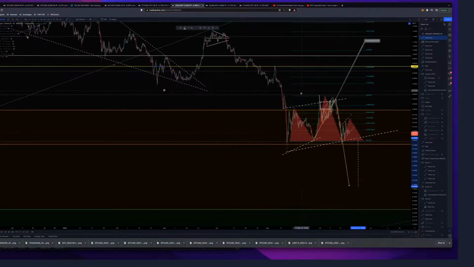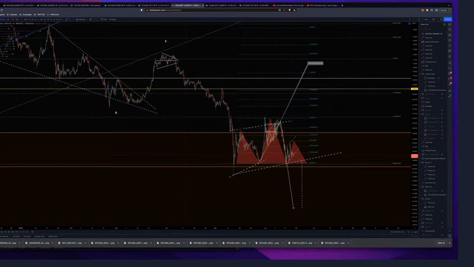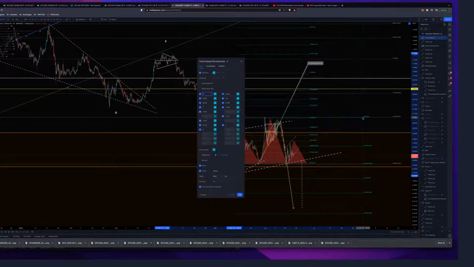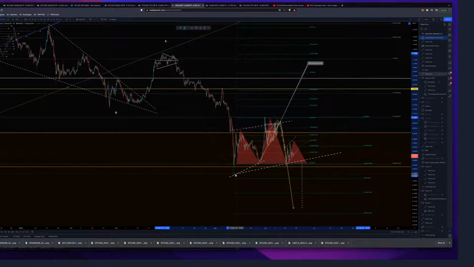And just to check from a different perspective, I'll get my fib extension, swing high, swing low, swing high, and you might actually go, give me a second, do I take this wick? No, I don't take that wick.